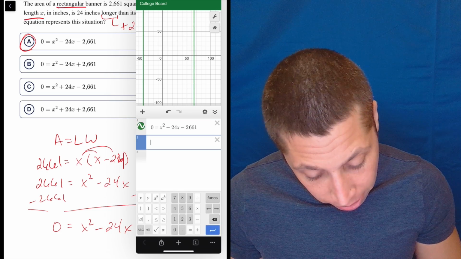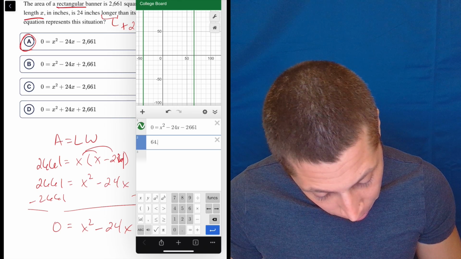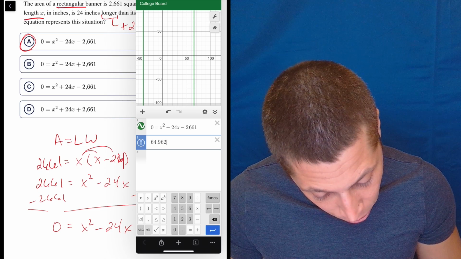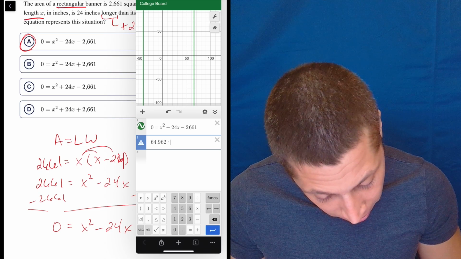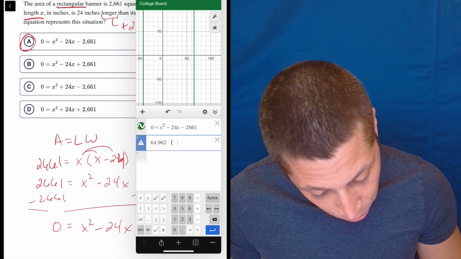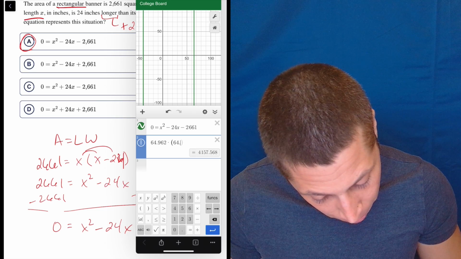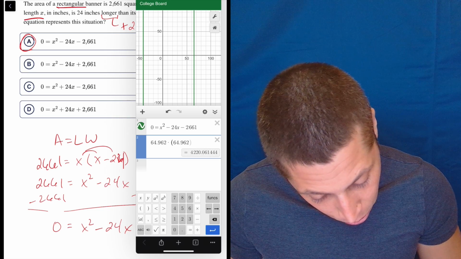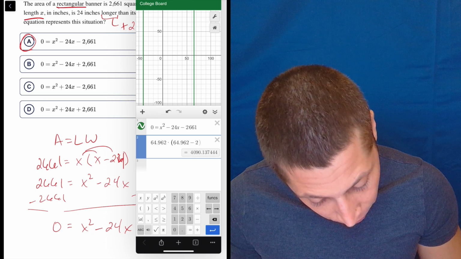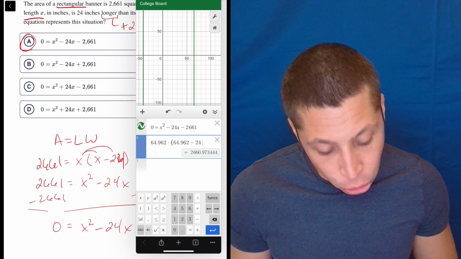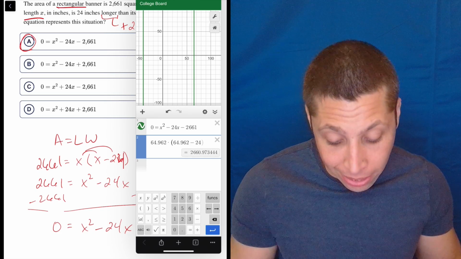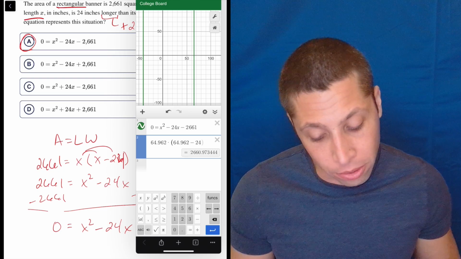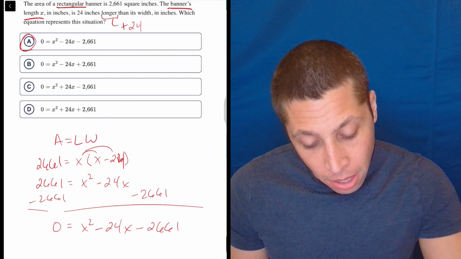So 64.962 times, and then you've got to be careful. What's your width? 64.962 minus 24. And we get 2660.9, which rounds up to 2661. So we're good.